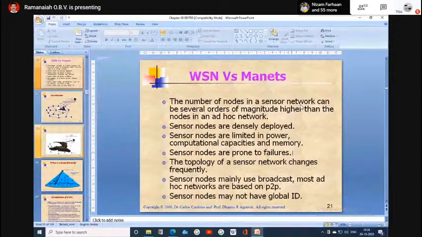The medium air is being shared, right? And air is usually broadcast in nature, and ad hoc networks are usually based on peer-to-peer. So there is nothing like client-server architecture here. We don't have certain nodes acting as clients all the time and the rest as servers.